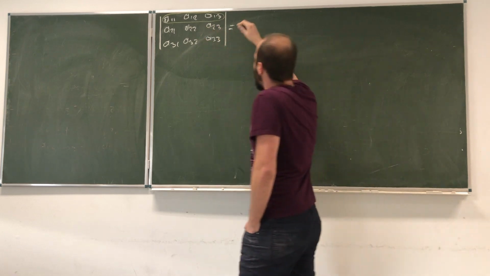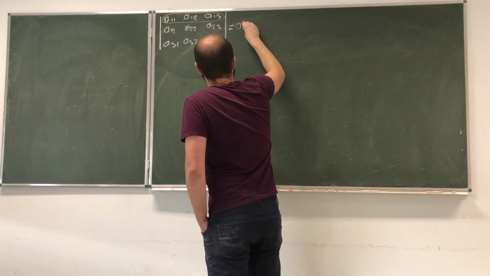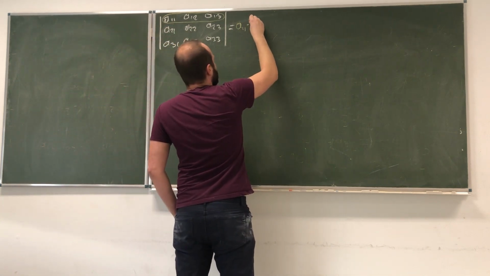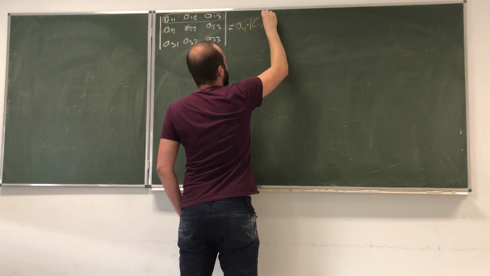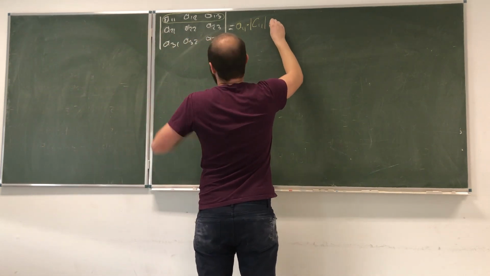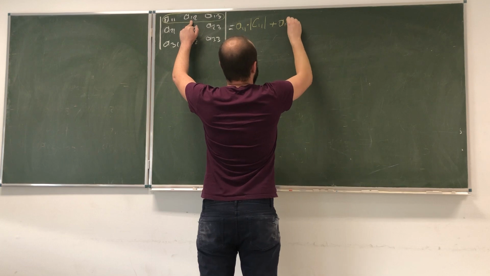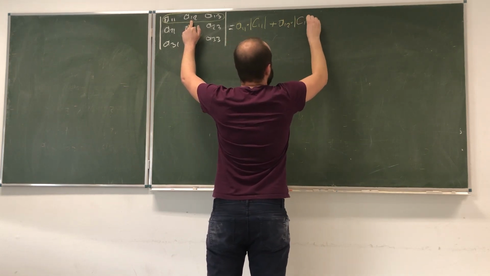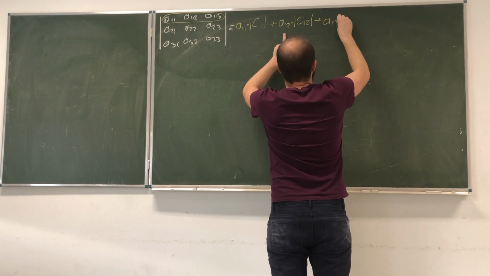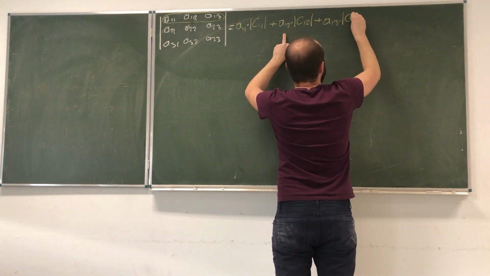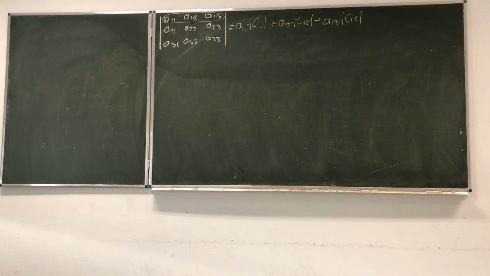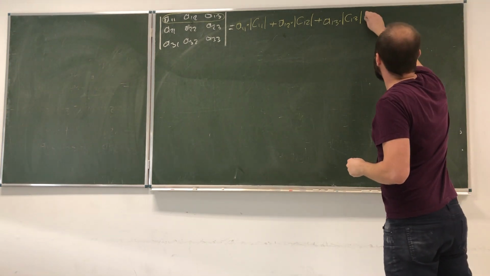I'm starting with element A11, and then I need to multiply this element by cofactor C11. Then I need to add element A12 multiplied by cofactor C12. And then I need to add element A13 and multiply by cofactor C13. Okay? So now let me just calculate.